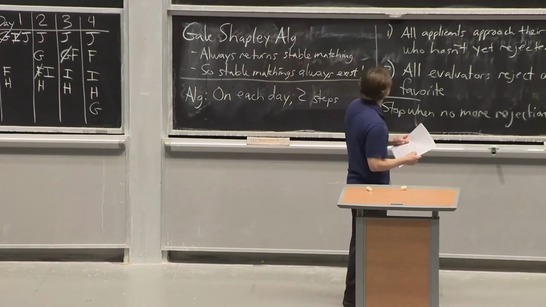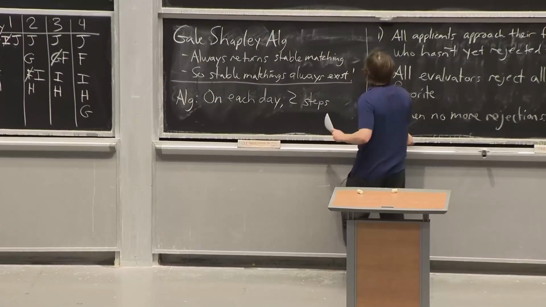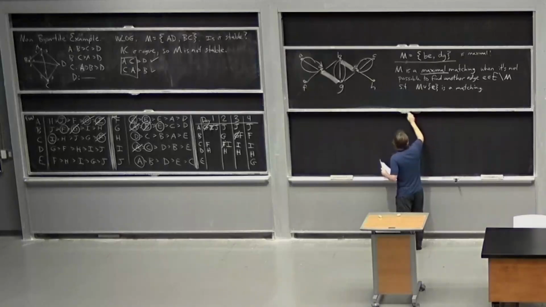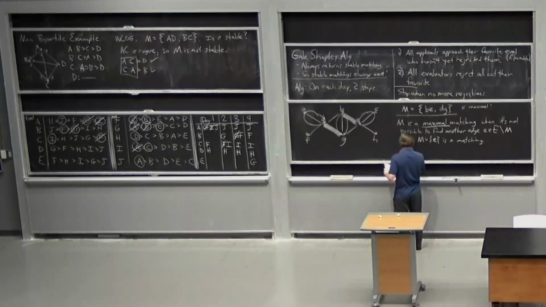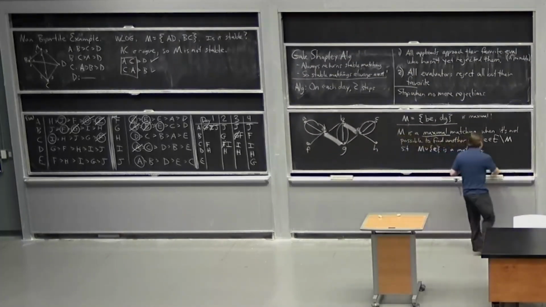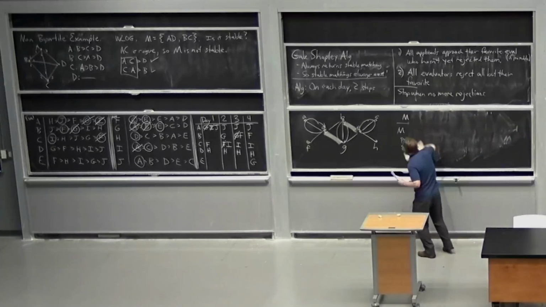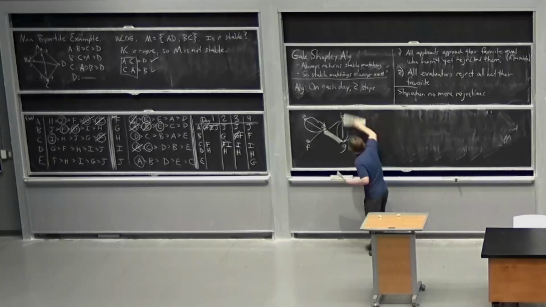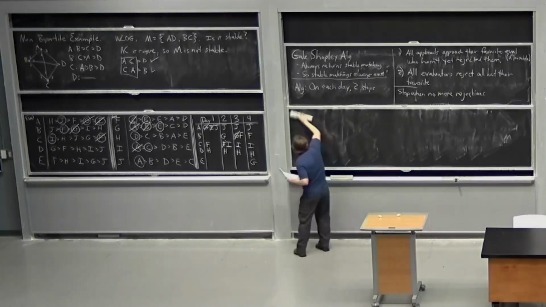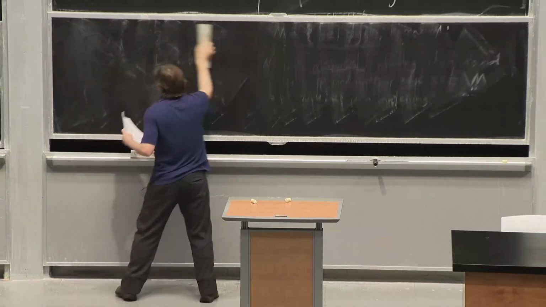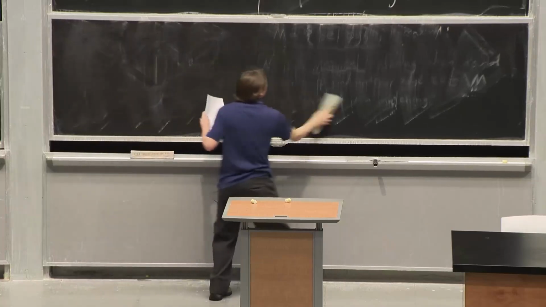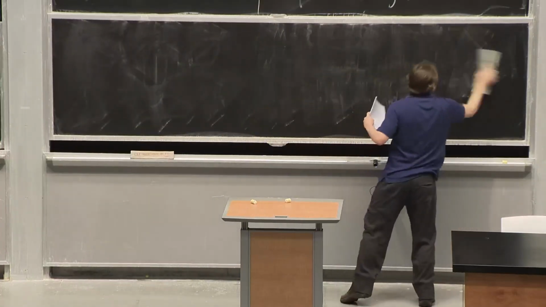And there are a couple things to prove here. Let's see, where did I leave off? OK. So first question, we've given an algorithm. In this class, usually when we're talking about algorithms, we're talking about state machines.